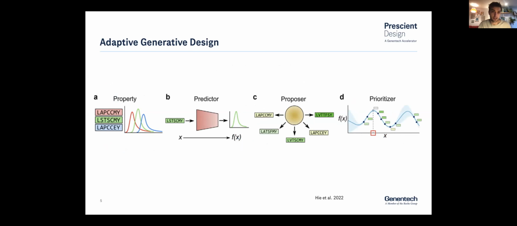And we have external ranking models that pick the mutations that matter. In particular, this way of picking things could be based on uncertainty, for example, so that we explore the space broadly. We don't just exploit the things that we already know are good. Or it could be based on combining multiple objectives so that we get proteins that do all the things we care about.